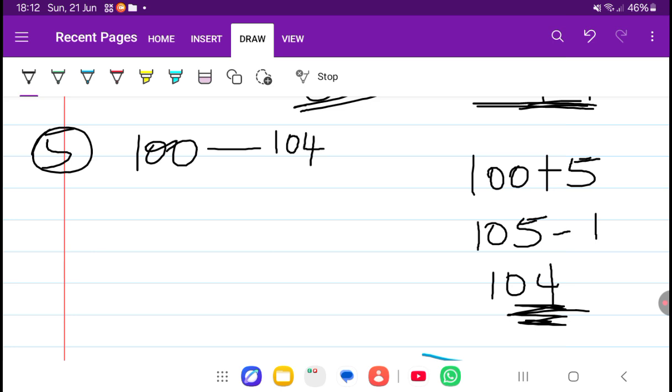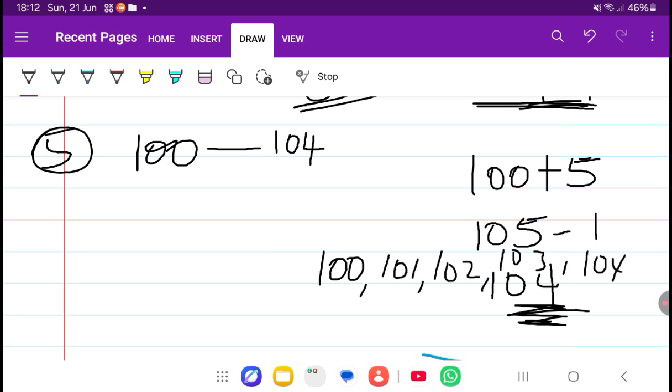When you're dealing with inclusive classes, we always use what we call discrete data. We count. For discrete data, we don't measure, we count. So what we are going to do is count from 100 to 104, even 100 inclusive. 100, it is inclusive. 101, 102, 103, then 104.